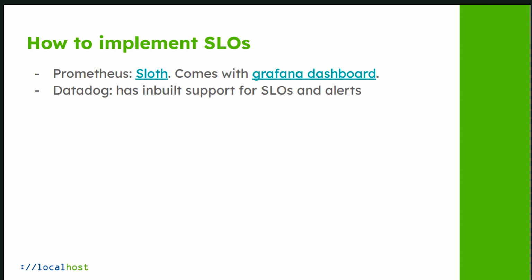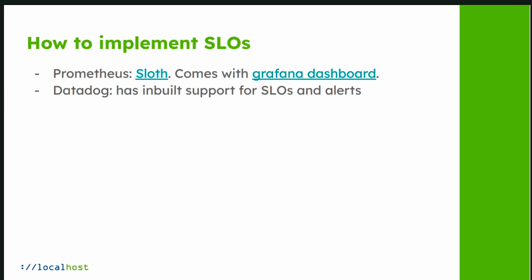But then we realized that there are already existing systems that help with these implementations. And the famous one is Sloth. Sloth is an open source project that works based on an existing Prometheus installation. So if you use Prometheus, it means you can easily use Sloth. If all your monitoring and your services are on Prometheus, Sloth is the way to go forward.